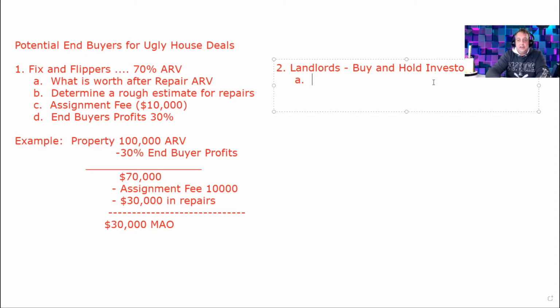So let's go ahead and do the math. The first thing we'll want to do is start out with exactly what is this property worth. So again, we find ourselves looking for what this property will be worth after it's in great rental shape. Now, here's an important thing to note. When it comes to estimating repairs, a fix and flipper may spend a lot more money than a landlord might.